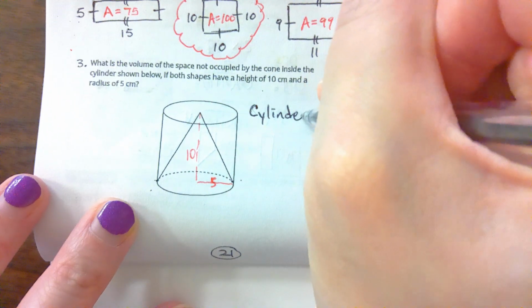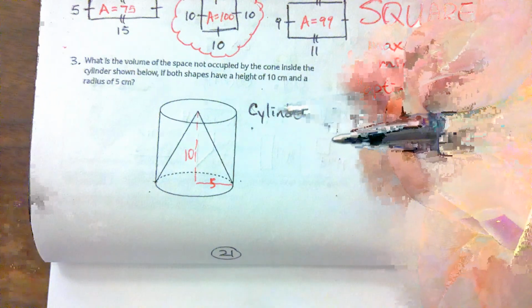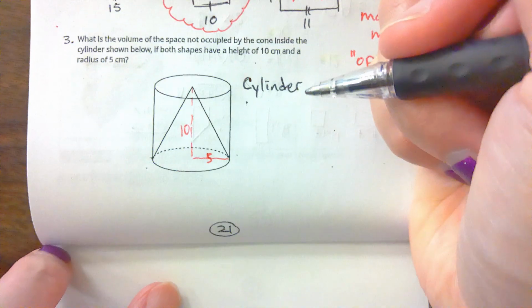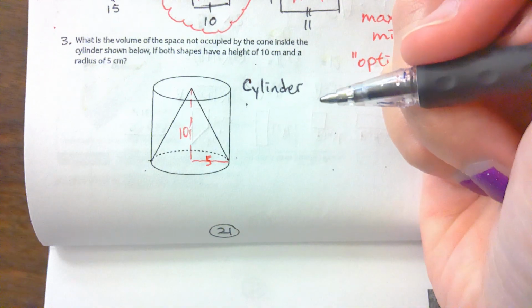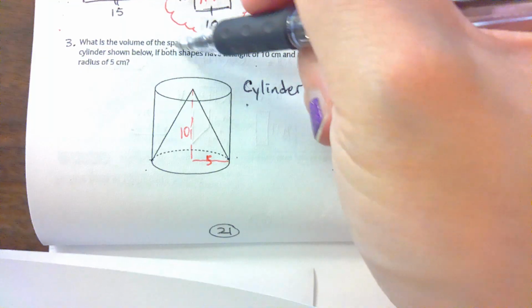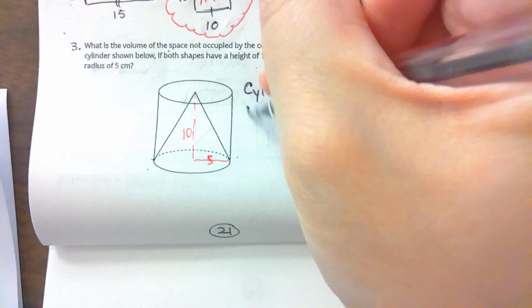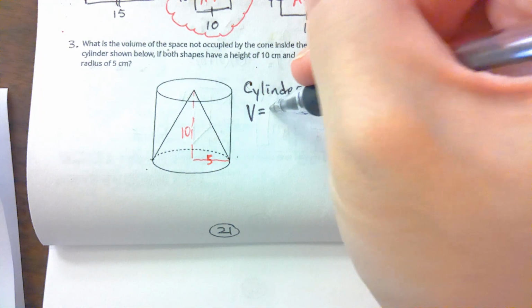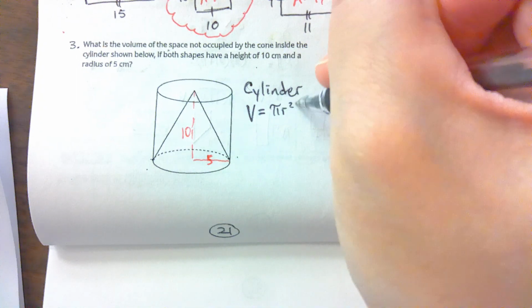Cylinder. So are we doing surface area or volume? Which formula do we want? Volume, right? Because we're talking about the space inside. So volume. The volume of a cylinder, pi r squared h.